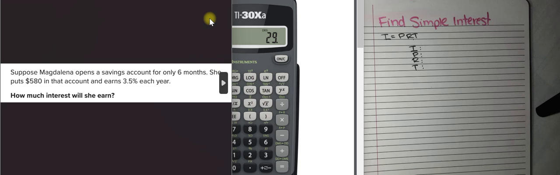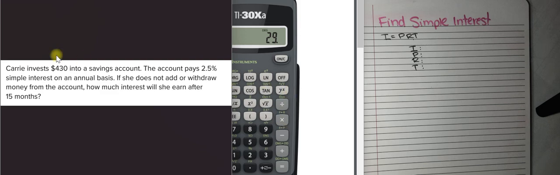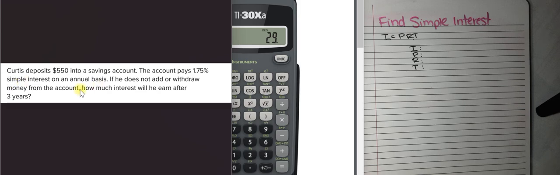All right. So let's see what we got. Curtis deposits $550 into a savings account. The account is paying 1.75% simple interest on an annual basis.